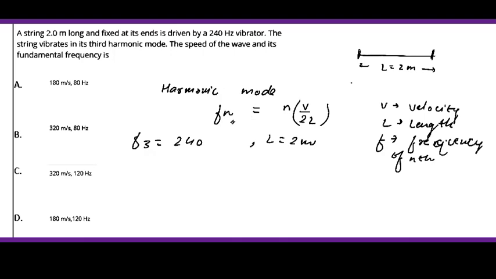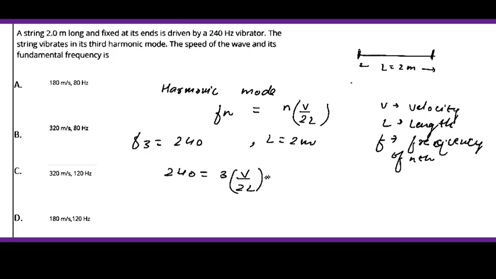Putting in the formula at n equal to 3, 240 equal to 3 v by 2l. This is the third harmonic mode.